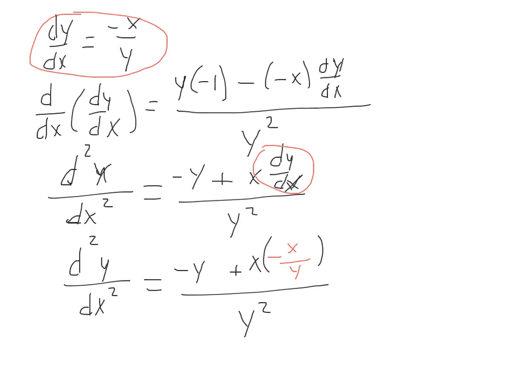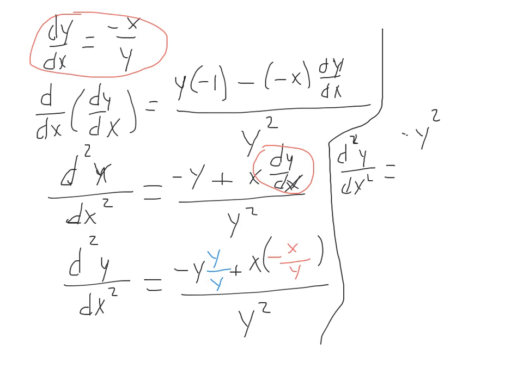So I'm going to multiply this one by y over y, and that will lead us to the second derivative of y with respect to x both times is equal to the opposite of y squared plus x times negative x is the opposite of x squared, and that's all divided by y, and that's all divided by y squared.